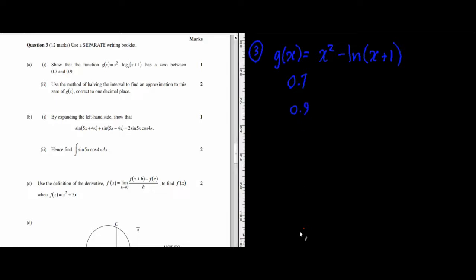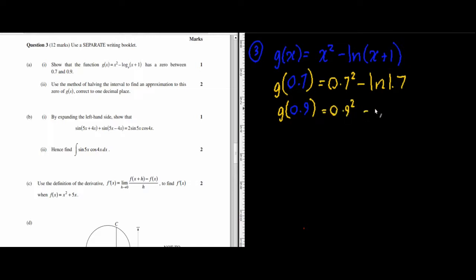To show that there is a zero, I need to take the function value of these two. So it's going to be 0.7 squared. Remember that taking the function is simply a matter of subbing it in, minus ln of 1.7, and then taking the function of 0.9, which is 0.9 squared minus ln of 1.9.